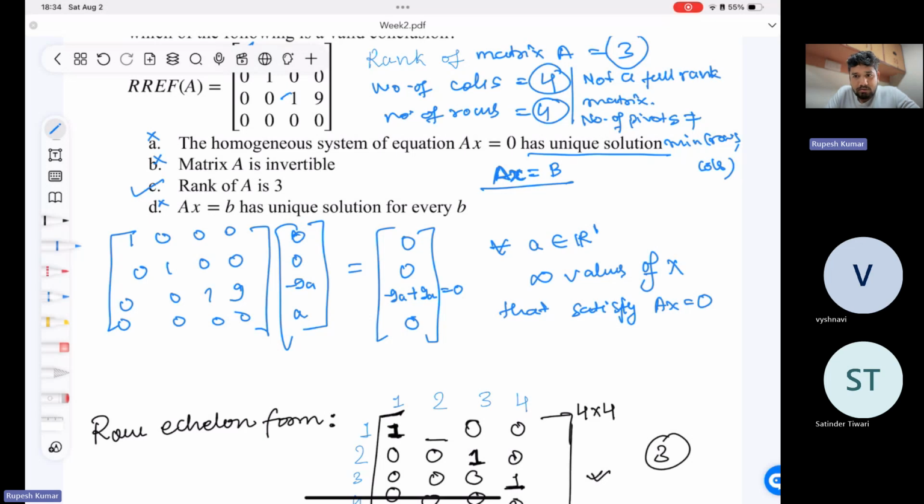Satinder, am I audible? Any one of you please confirm if I'm audible. Satinder is typing. Yes, you can type in the chat box.